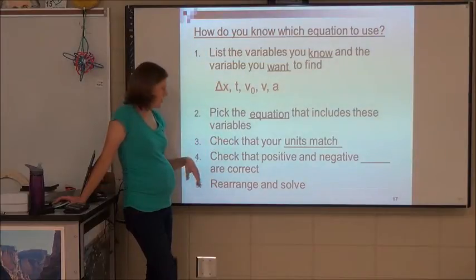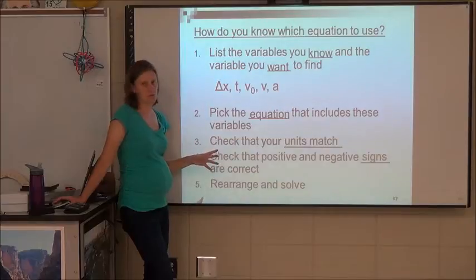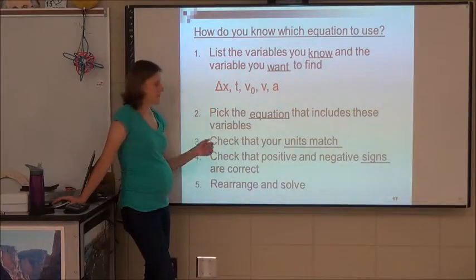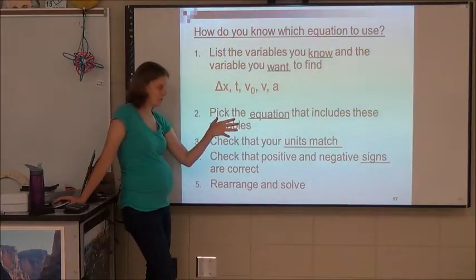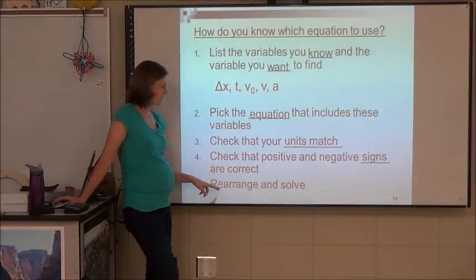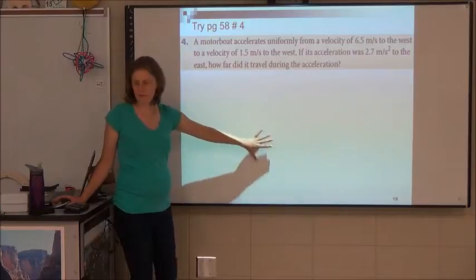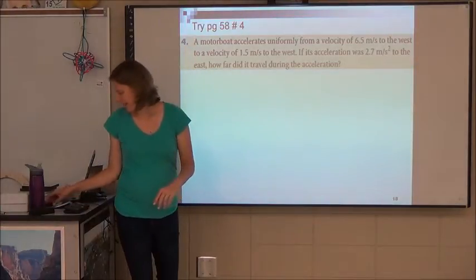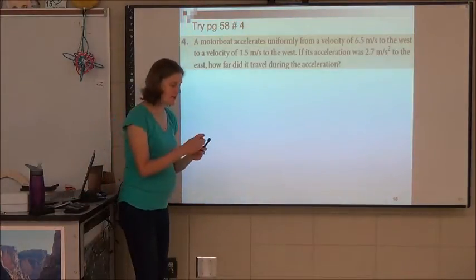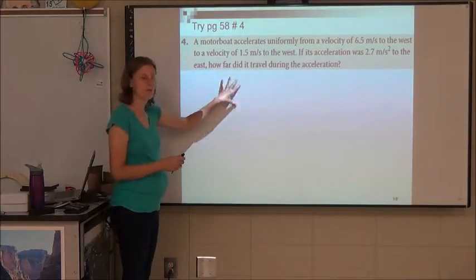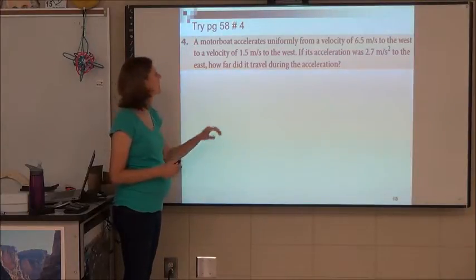Make sure units match, and check for positive and negative signs. Make sure those are correct. If something says it's going backwards, and you've made forwards positive, you need a negative sign. And then solve. So the kinematics are really pretty easy once you get the hang of it. It just really helps to list what you want and what you know.